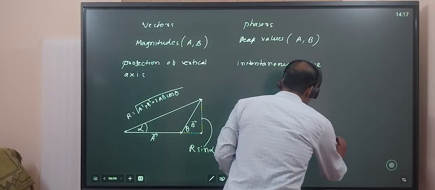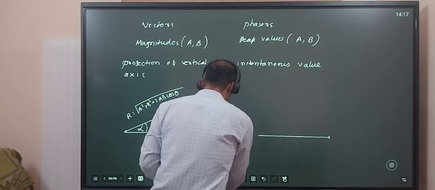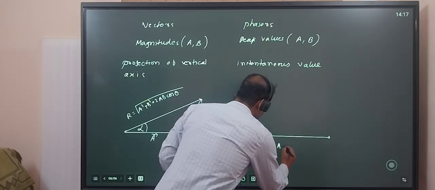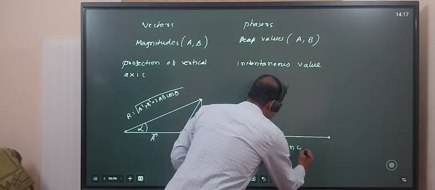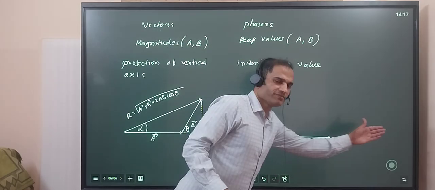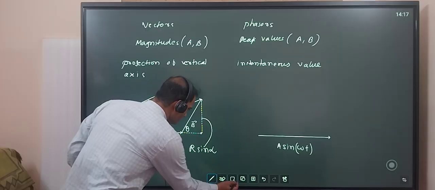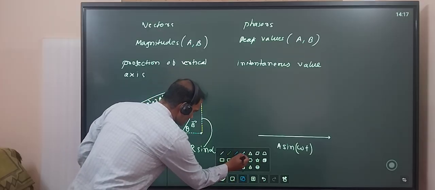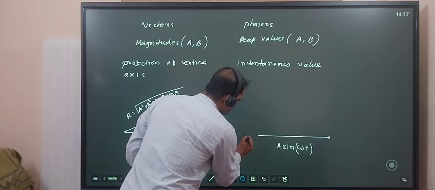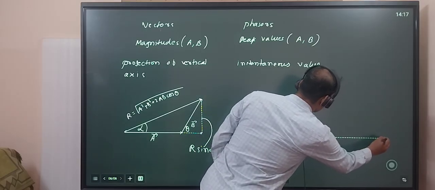We have a current, and this current is denoted by A sin omega t. Let us say this is the reference axis.